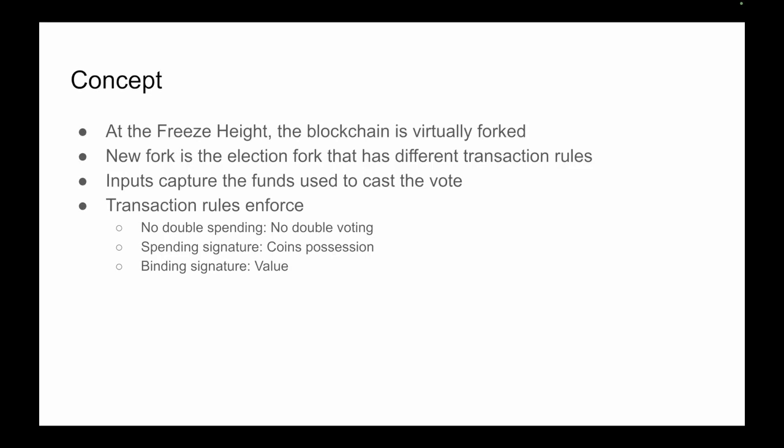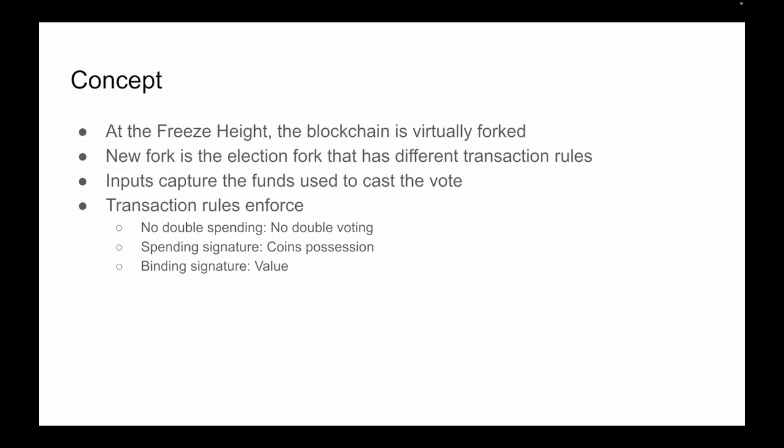No double spending in the context of a vote means that you're not trying to vote twice with the same funds. Then the second thing is that when you pay someone, you need to pay with funds that you have. And again, for a vote, it means that you're voting with the coins that you are in possession of. So these two things translate well together.